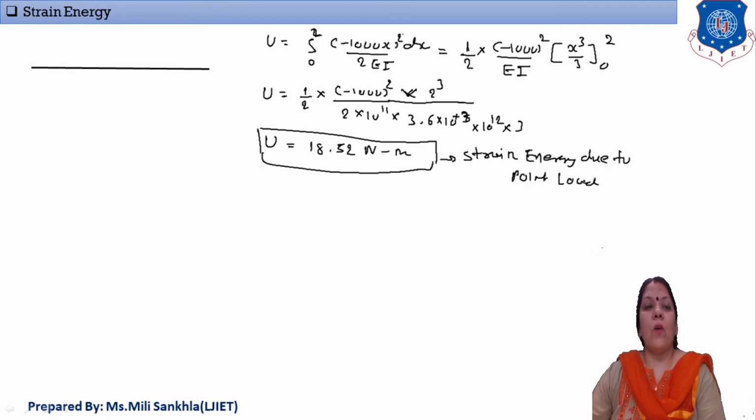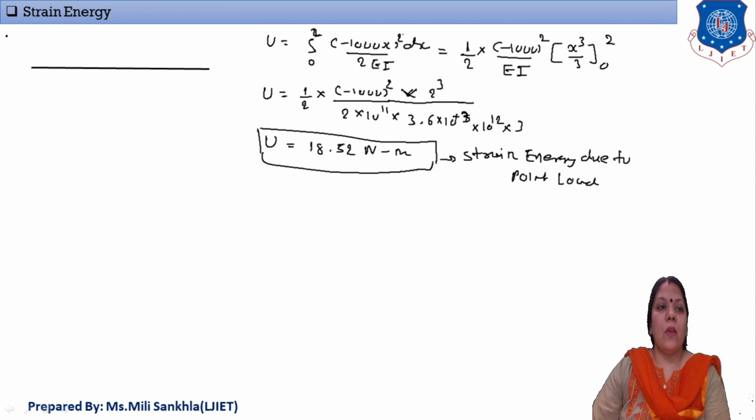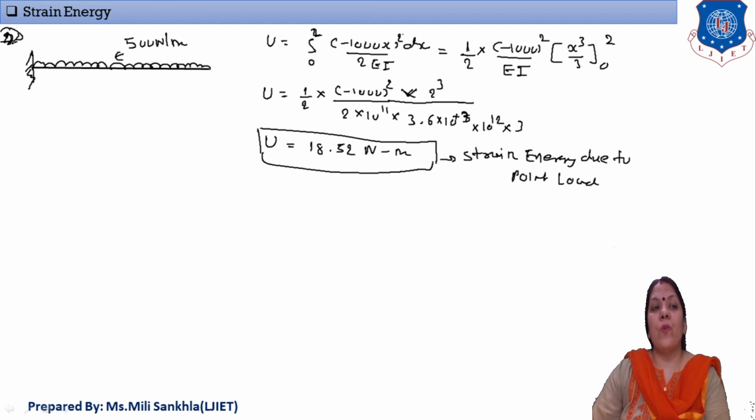Now in the second case, here is our second case: cantilever beam subjected to UDL, and this UDL is 500 Newton per meter, and the distance is given as 2 meter. Now one by one.